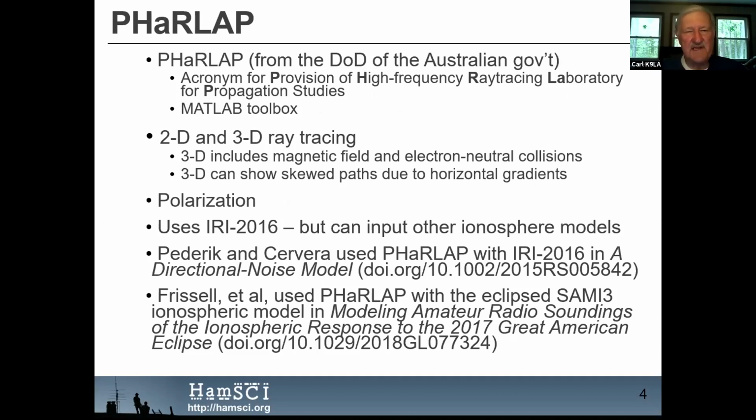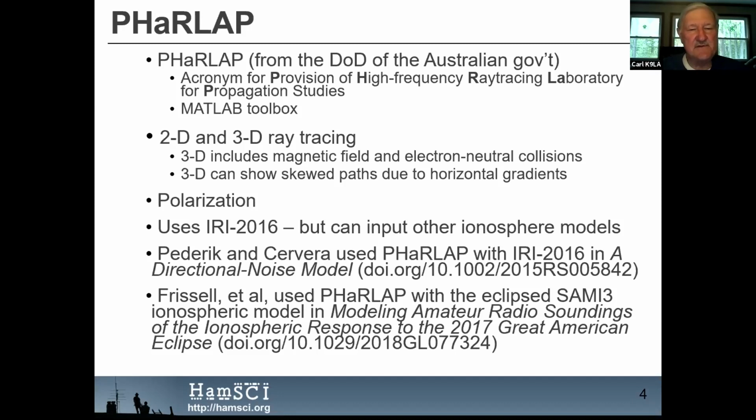And of course, 3D can show skewed paths due to horizontal gradients in the ionosphere, and that's pretty helpful. It also gives polarization. It uses the 2016 version of the International Reference Ionosphere. But one of the big advantages of FARLAP is you can input other ionosphere models.